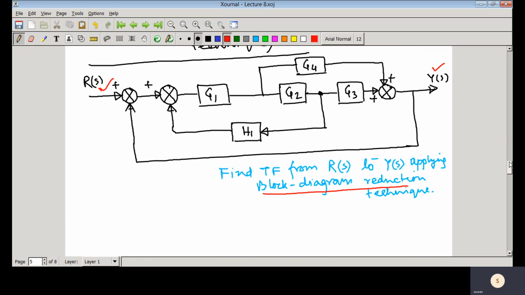First you look at this particular point here. If we can change this particular branching point from this point to this point, then you can see that we'll be having one forward path. This is the forward path, and this H1 will be coming into the feedback path.